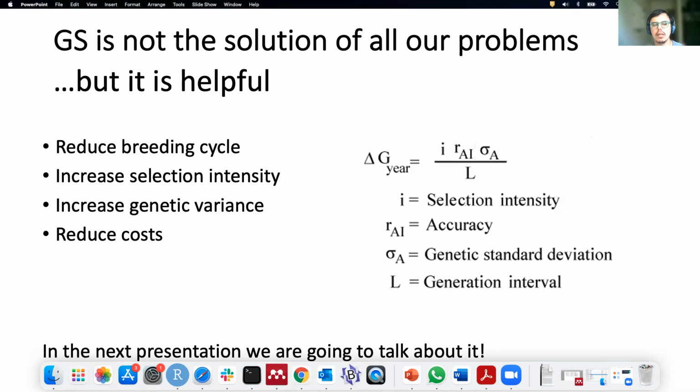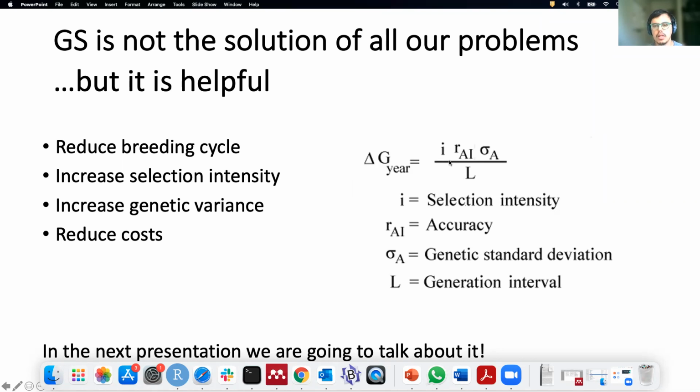If we use the breeder equation, we can see that genomic selection is useful for every single part of that equation. Hopefully you are familiar with it, but basically this is the genetic gain, or how we can improve the trait, and that is equal to the selection intensity.